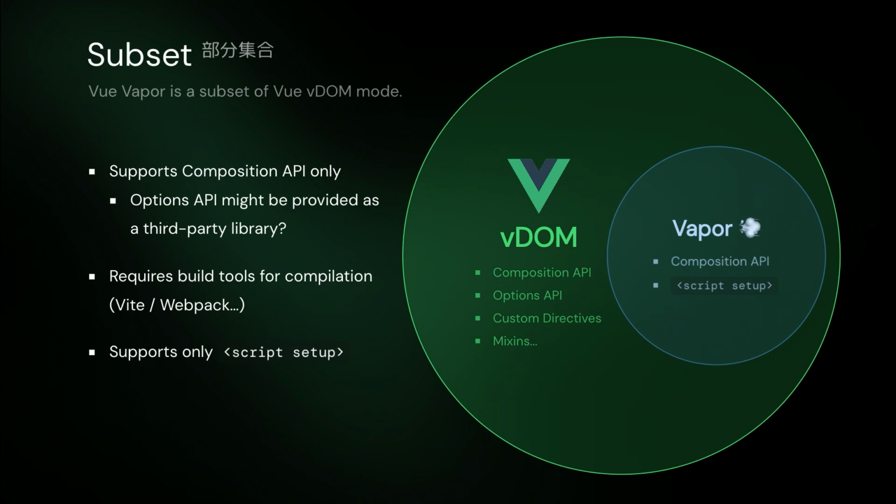Lastly, Vapor supports script setup only, so you cannot export components within a normal script tag. Script setup is the best practice for the Composition API, and by dropping the Options API, the compiler can optimize the code more effectively.